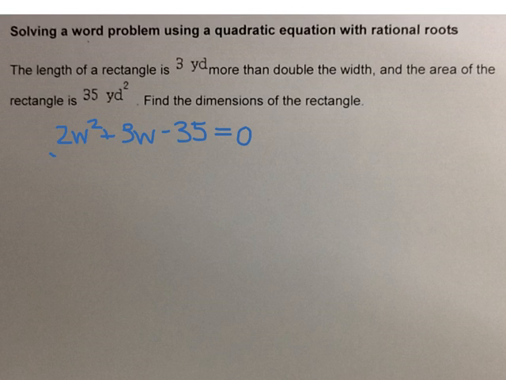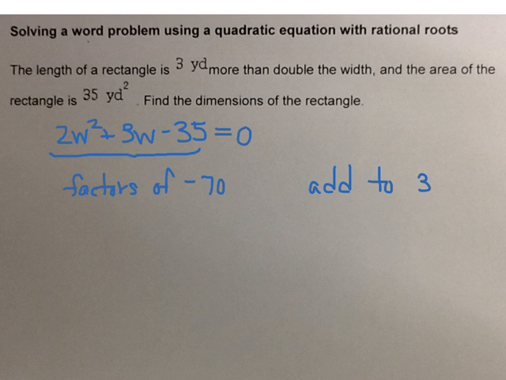And remember, we're going to factor this side of it. So we're going to look for factors of negative 70, and they have to add up to positive 3.